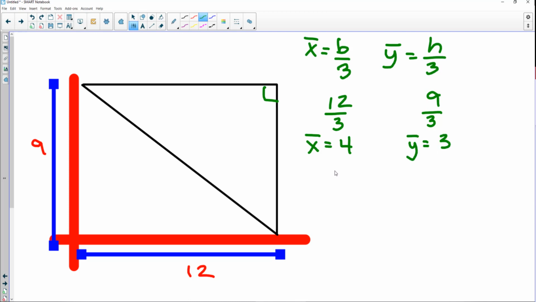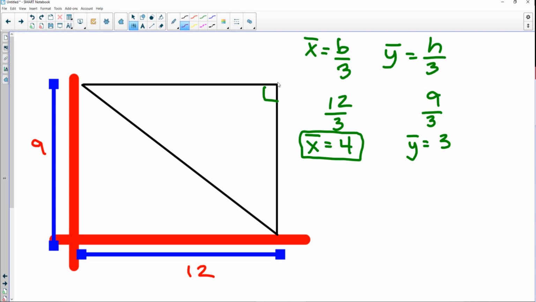But what I just told you in the previous slide is that on right triangles, when we find this, what we're finding is the distance that we have to go from the 90 degrees along the x-axis.